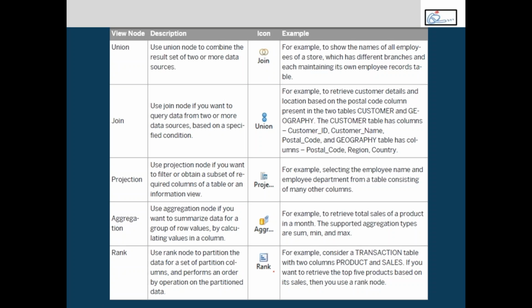What is the purpose of this union operation? Let's say you have two result sets or two data sources or two objects, and I would like to unify both of the result sets. Say result set 1 plus result set 2. Say I have a table which gives me sales of 2010.